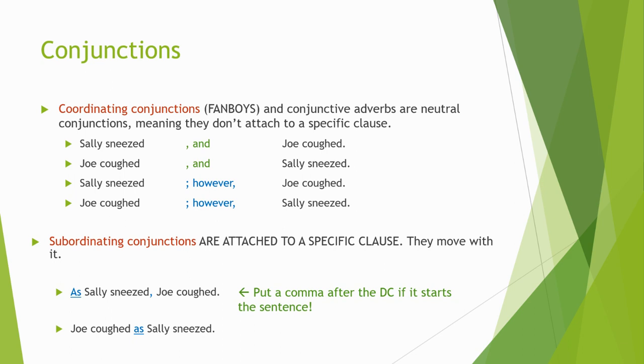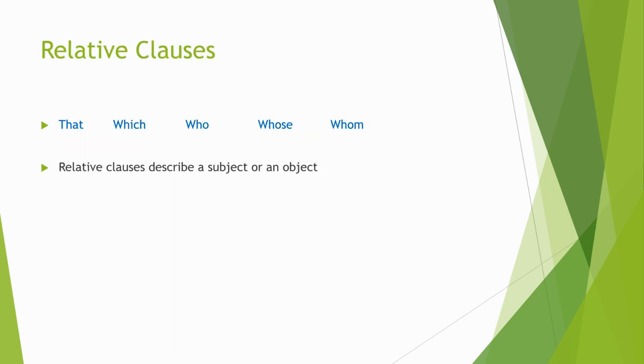What we've talked about with relative clauses, the big things, those 5 words. It really comes down to remembering these 5 words right here: that, which, who, whose, whom. And the function of relative clauses is to describe a subject or an object.